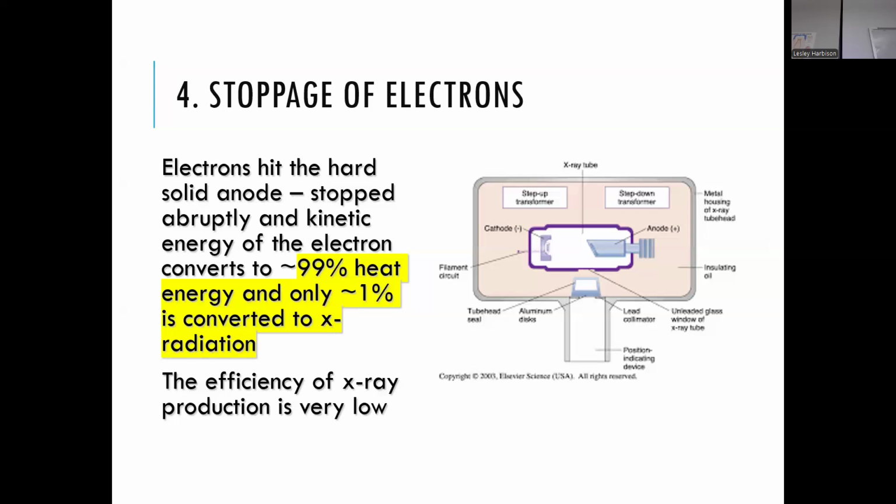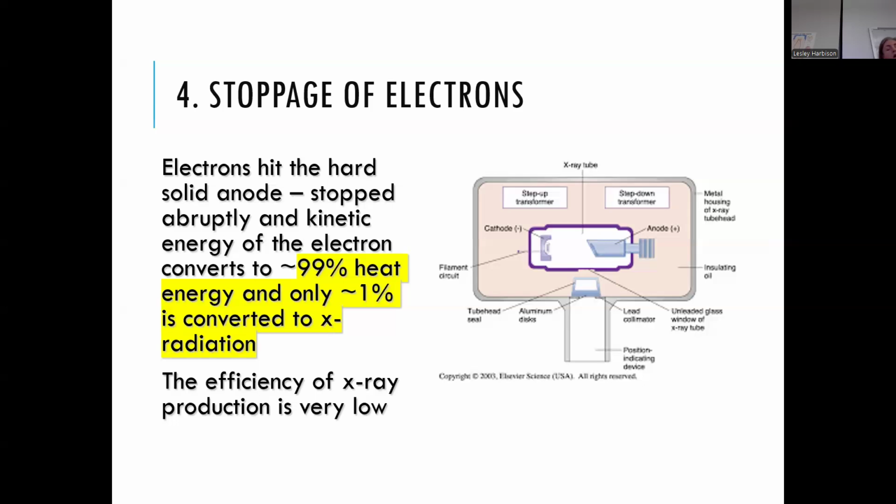But 1% of that kinetic reaction becomes radiation. And that's what we want: we're going to harness those photons and try to make what comes out of that 1% as useful as we possibly can.